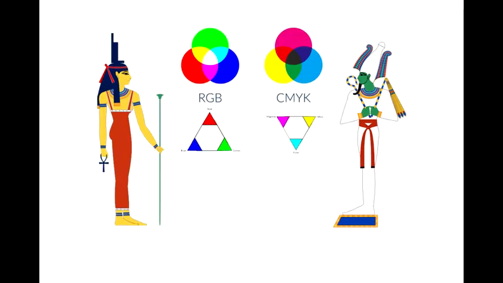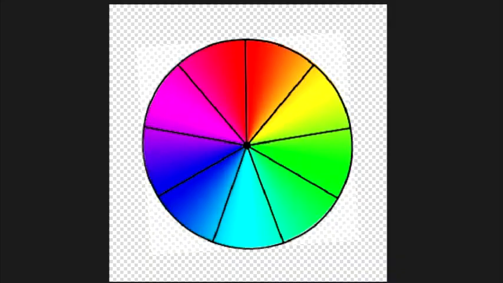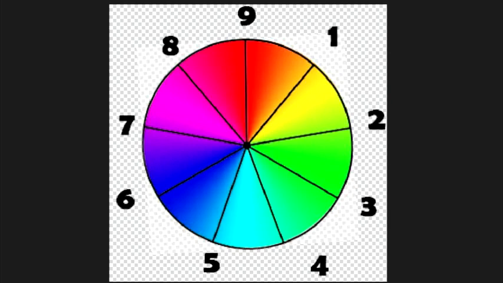But what about our system? Let's check it out. Take the color circle and divide it in 9. Let's create the 1, 2, 4, 8, 7, 5 code.